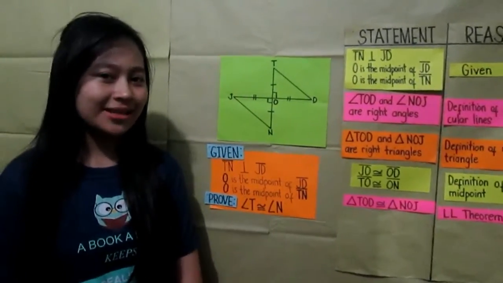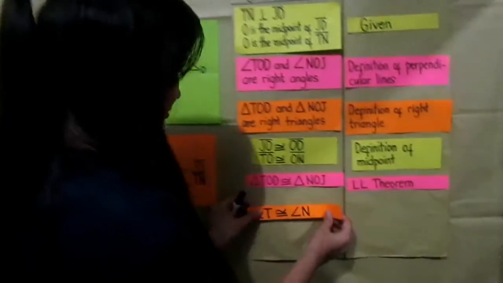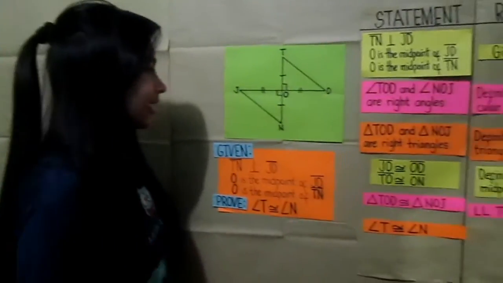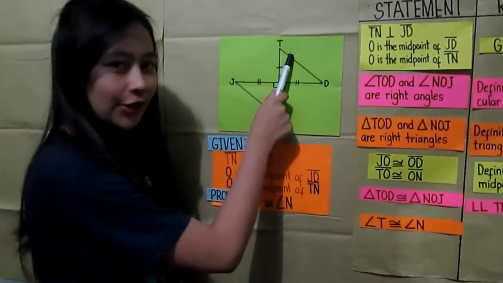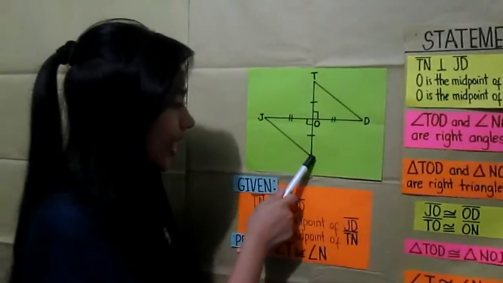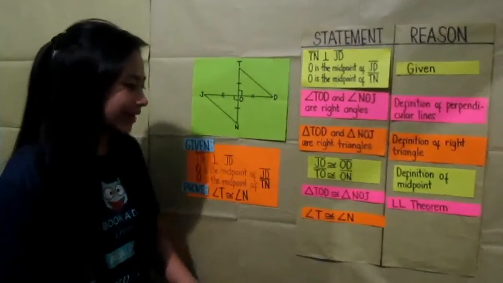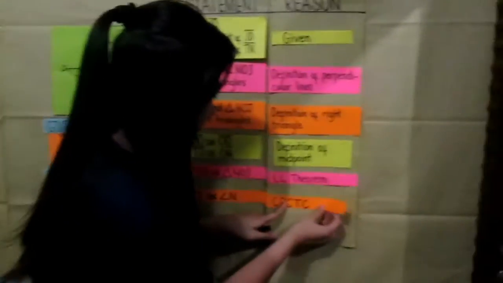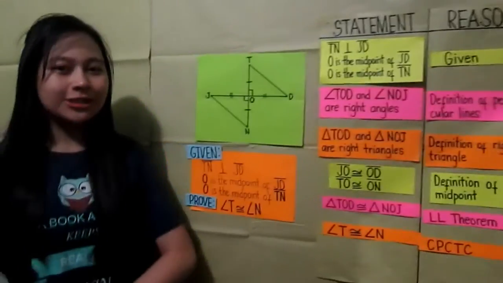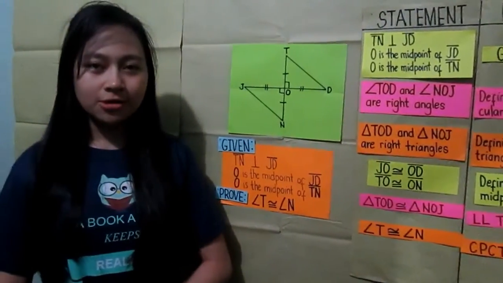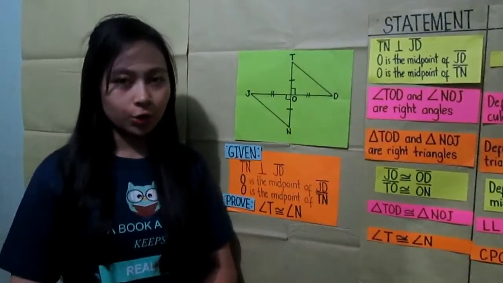And our last statement clearly states that angle T here is congruent to angle N right here. The reason for the last statement is CPCTC, which states that corresponding parts of congruent triangles are congruent.